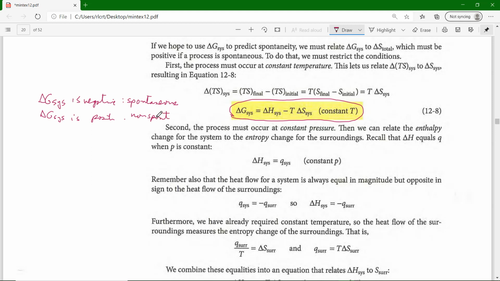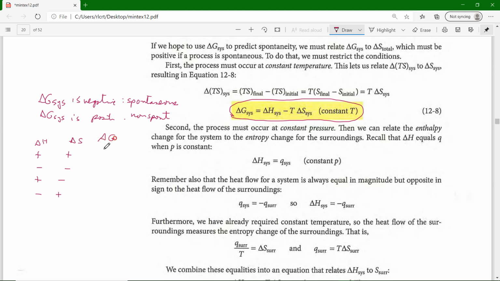Okay, so let's look at the possibilities. The book does this a little later on, but I like doing it now. So we've got delta H and delta S, and there are 4 possibilities: positive, positive; negative, negative; positive, negative; and negative, positive.